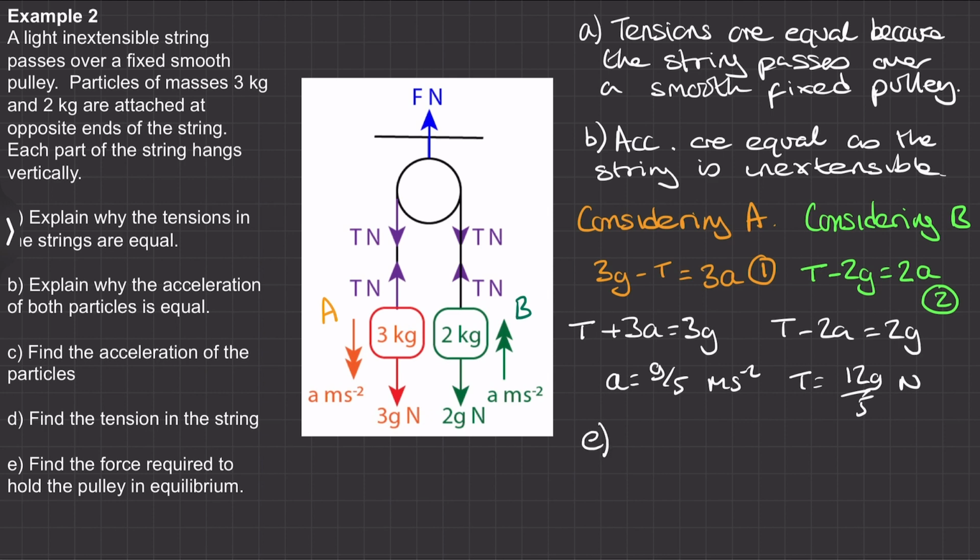So for part E, the force minus the tension on this side and the tension on this side, so the 2Ts, so force minus 2T will equal 0 net force, or 0 acceleration times the mass. We know the tension is 12g over 5, which is this. So the force will equal 2T, which is 24g over 5 in newtons.